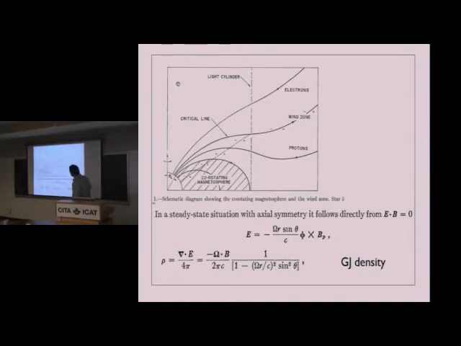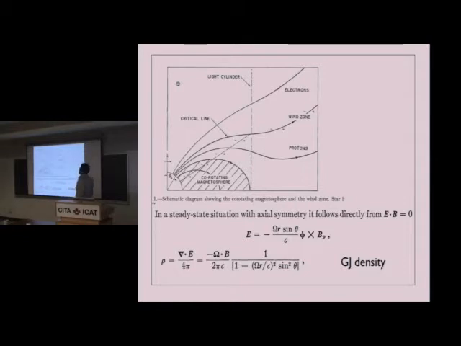And the field line itself, as I go up, rotates like so. Okay? So these are magnetic surfaces on which magnetic field lines are lying. Now the boundary between open field lines and closed field lines is the light cylinder. If a line crosses the light cylinder, it goes all the way to infinity. If it does not cross the light cylinder, it goes back to the star.